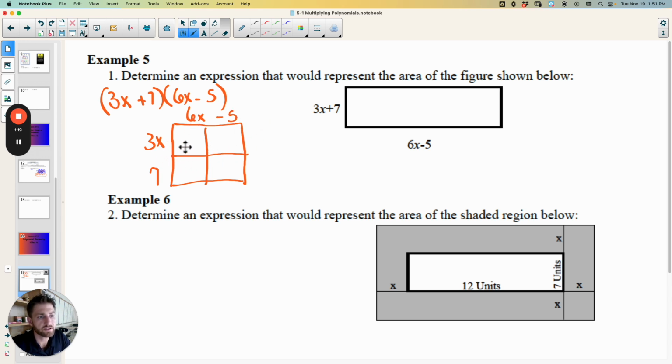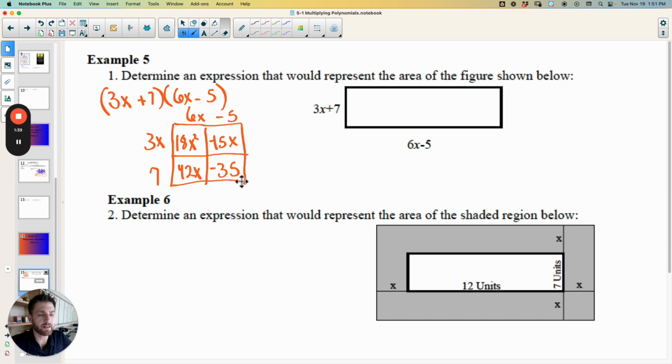So 3 times 6 is 18, x times x is x squared. 3 times negative 5 is negative 15, and then bring the x with it. 7 times 6 is going to give us 42, bring the x with it, and then 7 times negative 5 will give me negative 35.